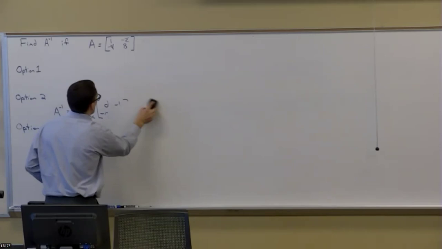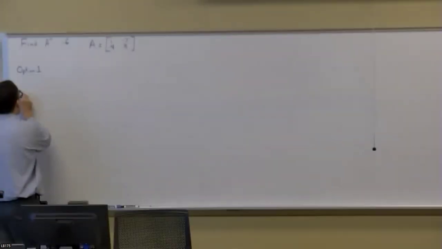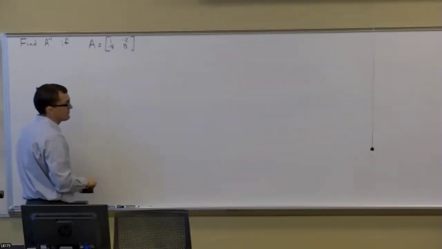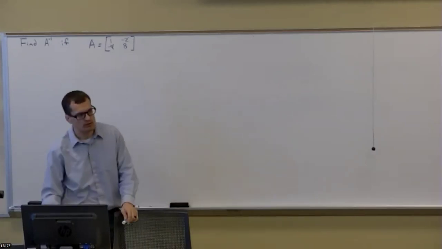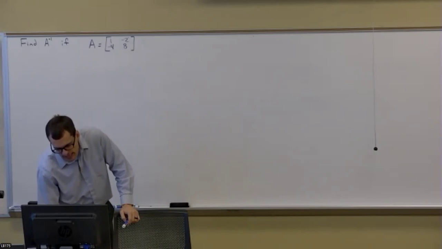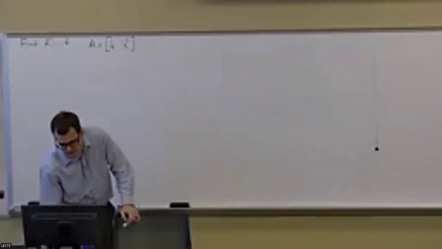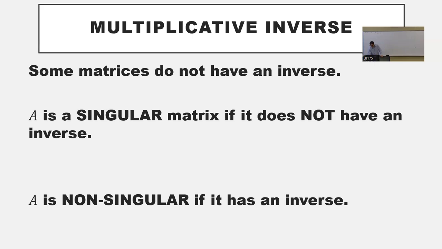So now we have 3 ways to see that. And all that is to say that there are certain matrices, like this one, 1, -2, -4, 8, that do not have inverses. And like I said, those are called singular matrices. It's like the number 0 doesn't have a multiplicative inverse.